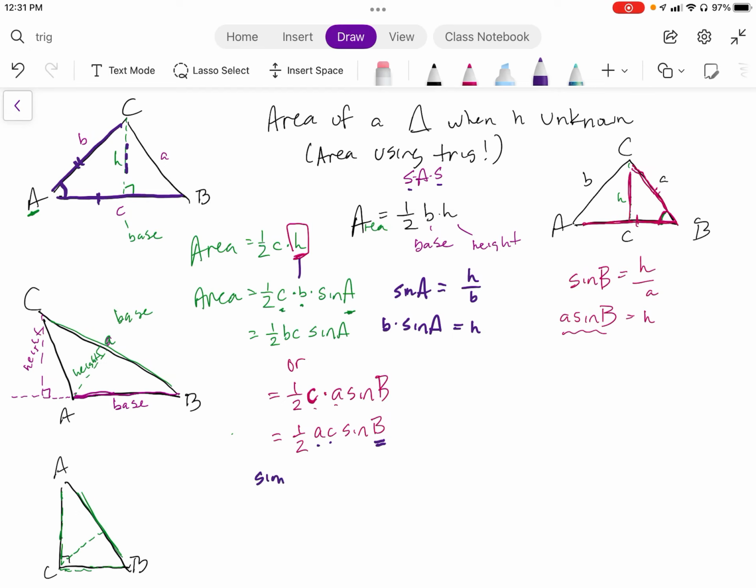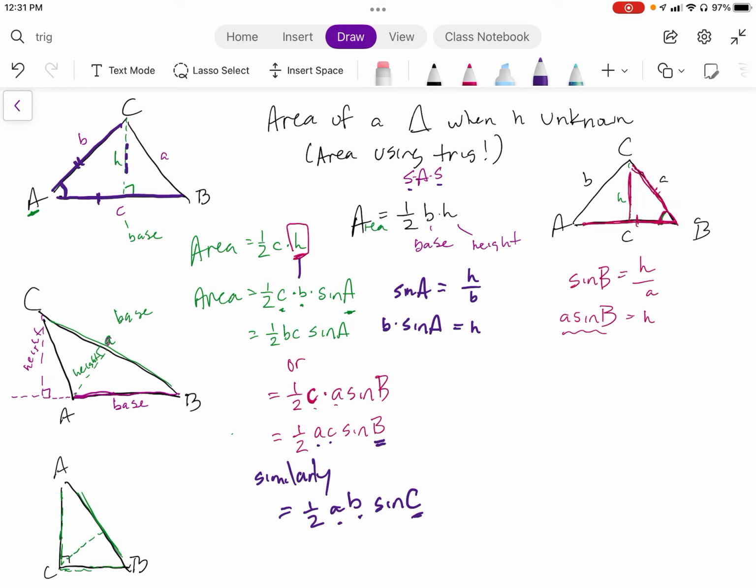And similarly, we could redraw this and get the last set. If I know the angle C, sine C, then I need ab. It's really easy to memorize because you need all three letters: whichever angle, you need the other two sides. Or draw the picture and it works too.